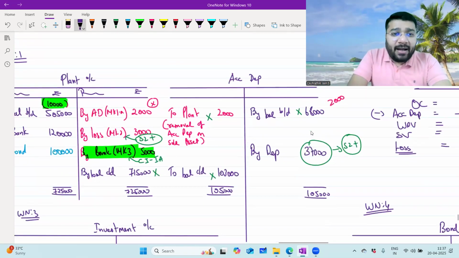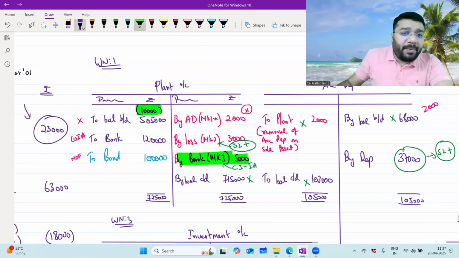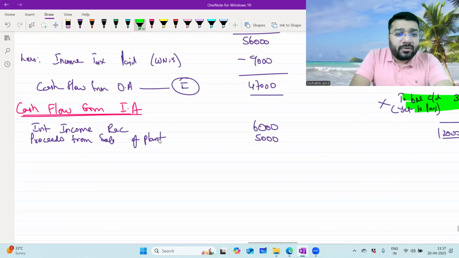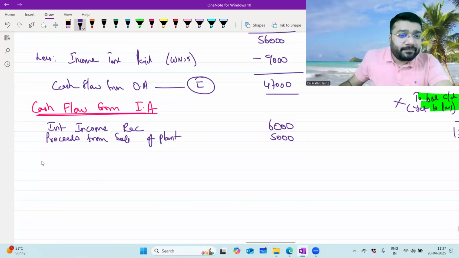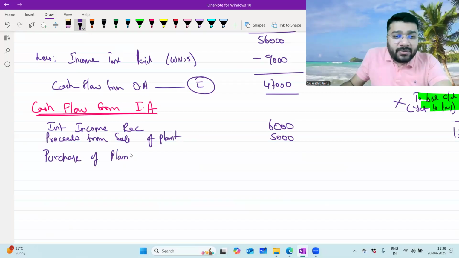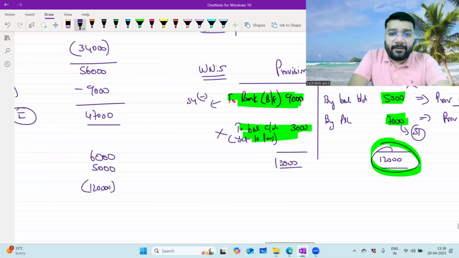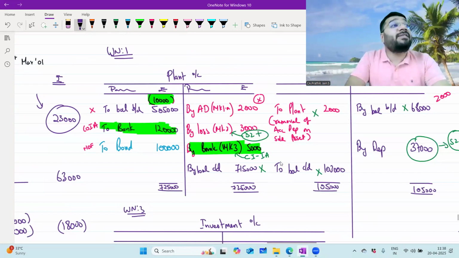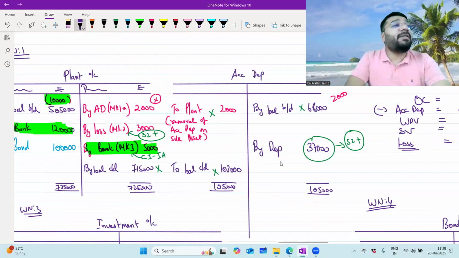In the very same plant account, I also have purchase of plant, which is 1,20,000. Purchase of plant, 1,20,000 in bracket. Very important. In the plant account, any other information pertaining to investing activity? No. In accumulated depreciation?